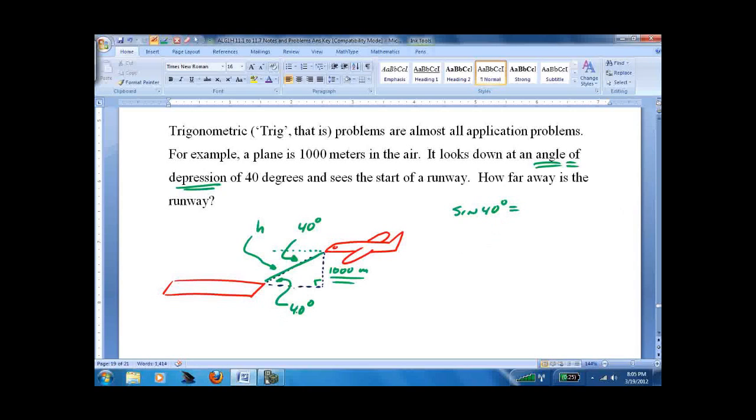Sine of 40 degrees equals 1,000 meters over H. Multiply by H, divide by sine of 40.